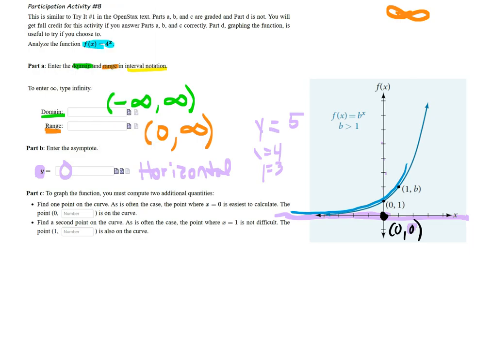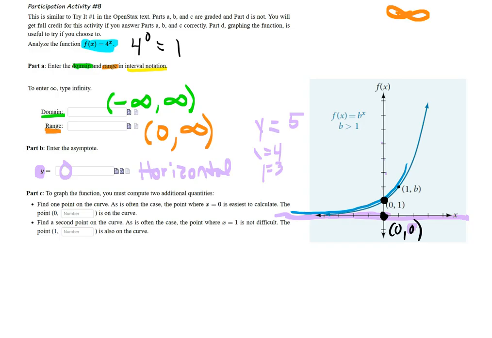This is our original function. And 0 is the easiest possible number to work with. So if you had 4 to the 0, it will equal 1. And you can even see in this picture that I just grabbed from Mobius, it does cross at 0, 1.